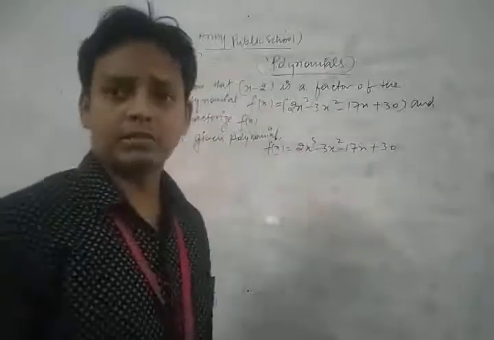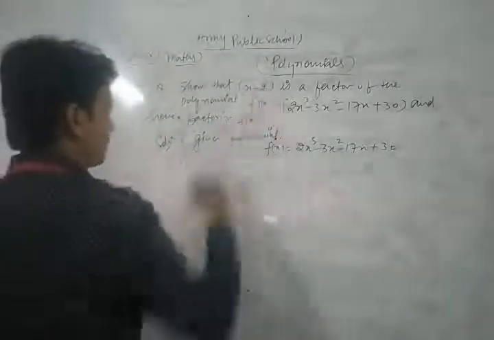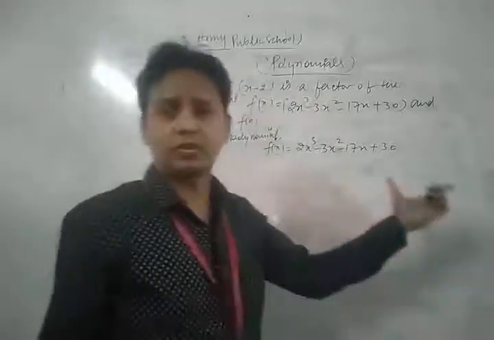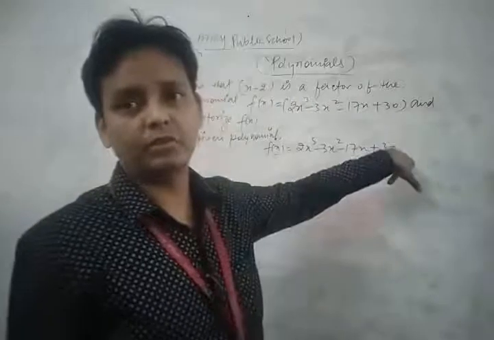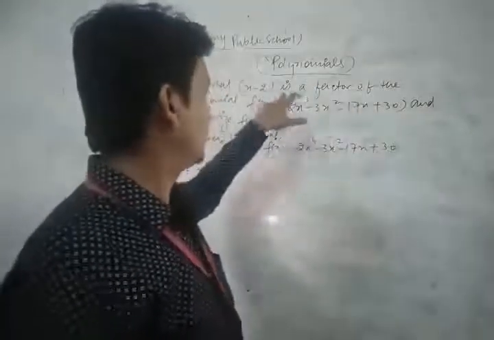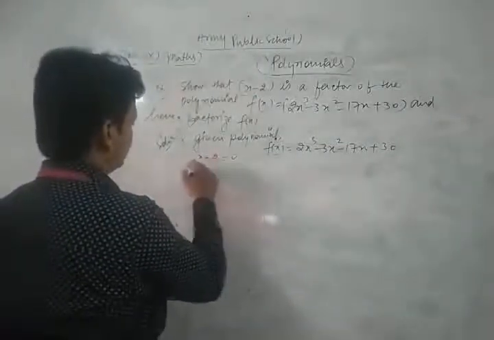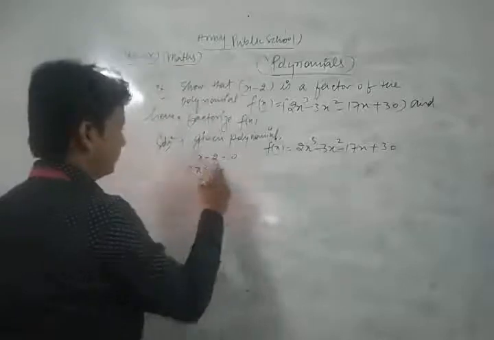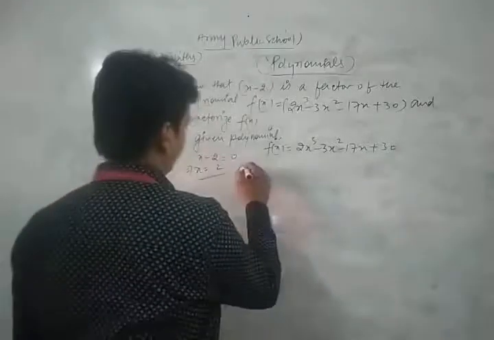Since we have to show that x minus 2 is a factor of the given polynomial, x minus 2 is the factor of f(x) if and only if f(2) is 0. So we find f(2). Since we have x minus 2, we take x minus 2 equal to 0, thus the value of x is plus 2.